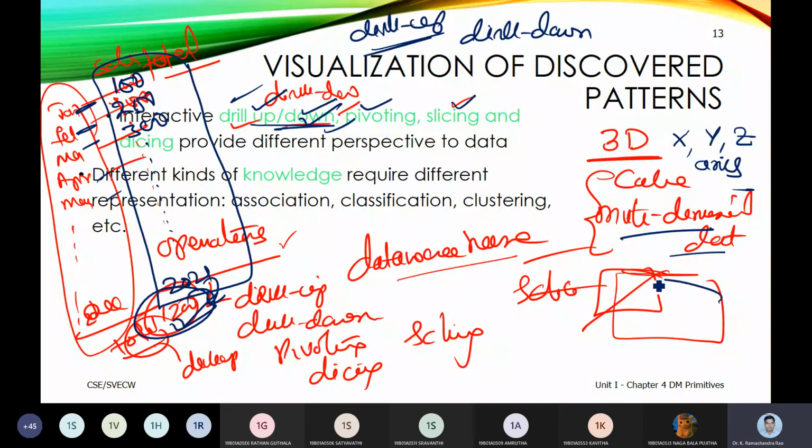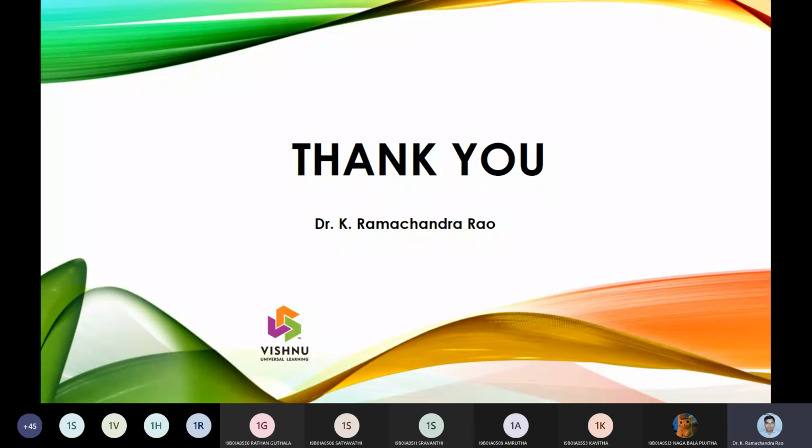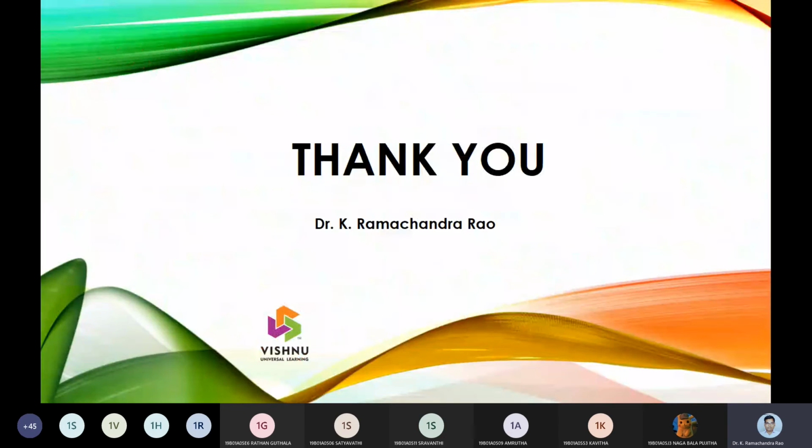Similarly, for the entire table, we pick a subset of a table, a portion of a table. If we select the portion of a table, then we call that primitive slicing, etc. In this way, we represent different forms of knowledge.